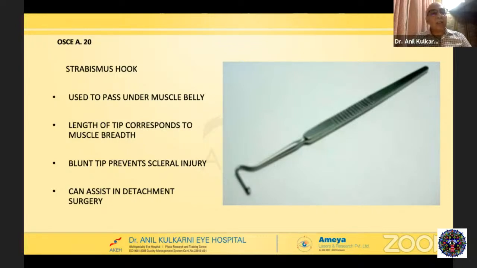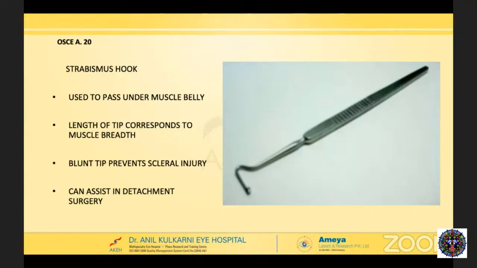So we stop here. We take stock of how many marks have been scored. Akshay, please unmute yourself and tell us. I have scored 11 marks out of 16.